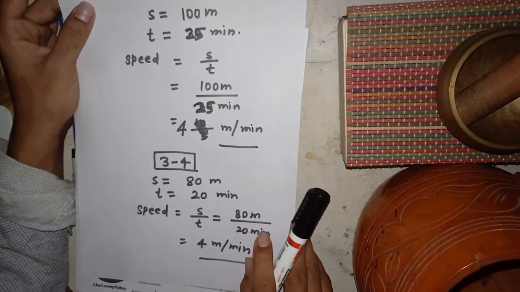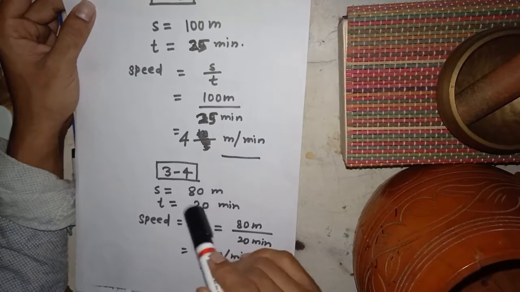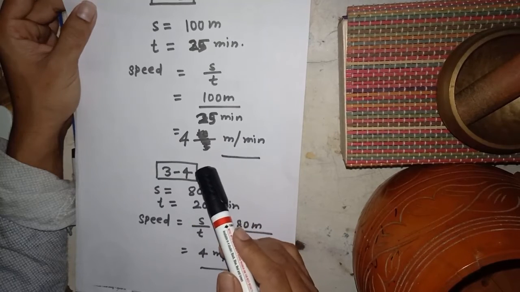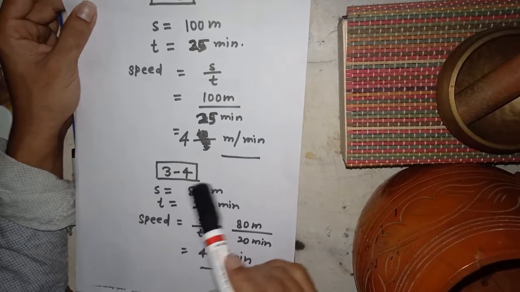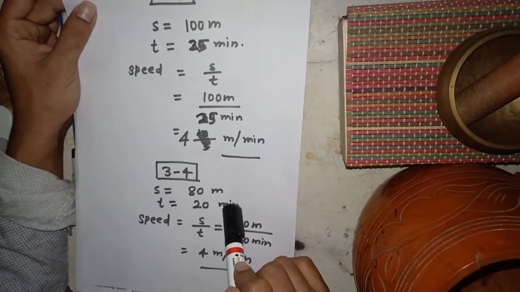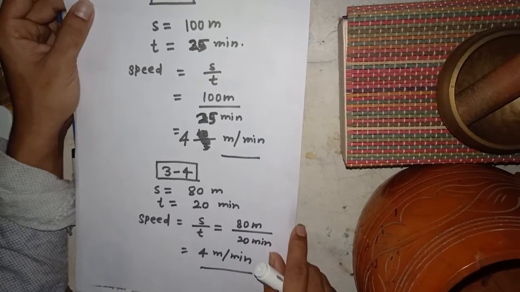Have you got my point? This also gives the idea of instantaneous velocity, because at every point its speed is 4 meters per minute.